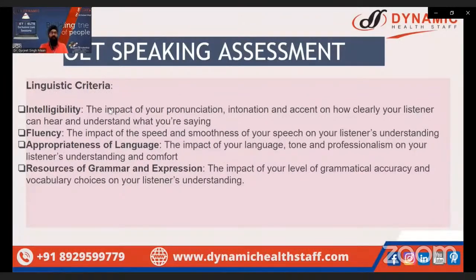The basic example is hypertension. For the patient, or any layman who is not from a medical background, it is blood pressure. But for you, it is hypertension. So if we are using clinical terms, there should be a proper explanation of the content to the patient so that they can easily understand.